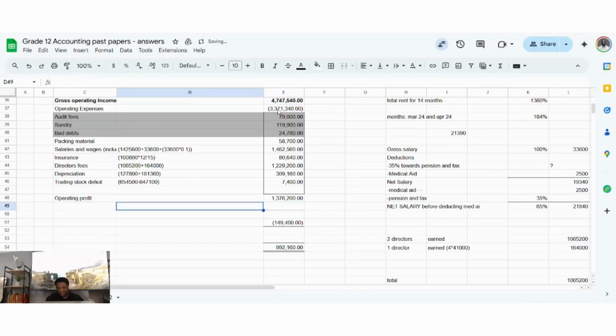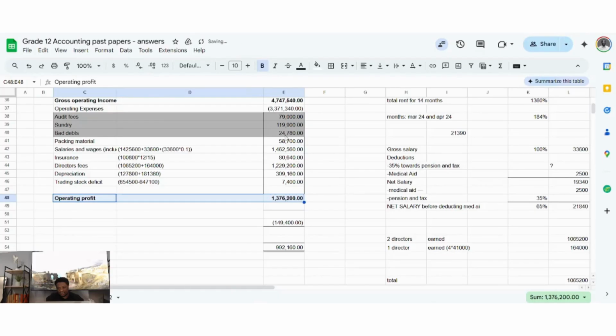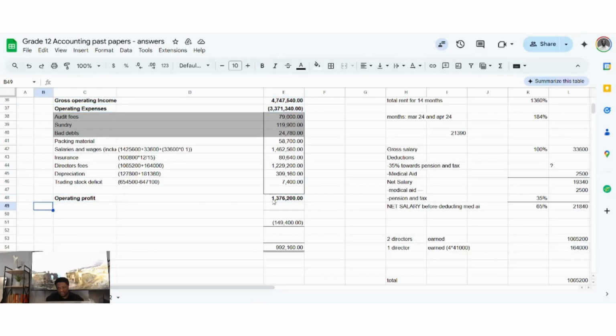And again here, this is another method mark for simply doing that calculation. Even if your totals are wrong, it doesn't matter. This is another mark, by the way, as well, because if you add up all your expenses, regardless of whether you got them wrong, the fact that you need to add them, you get a mark.